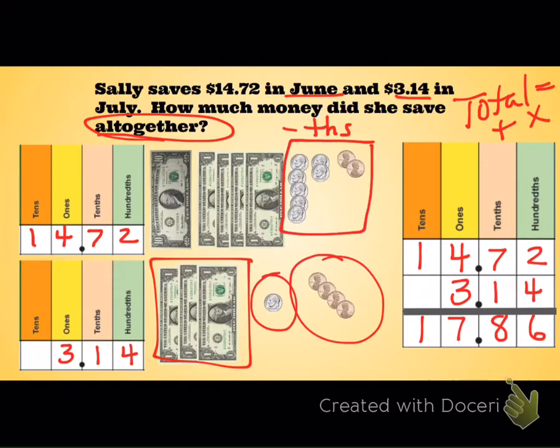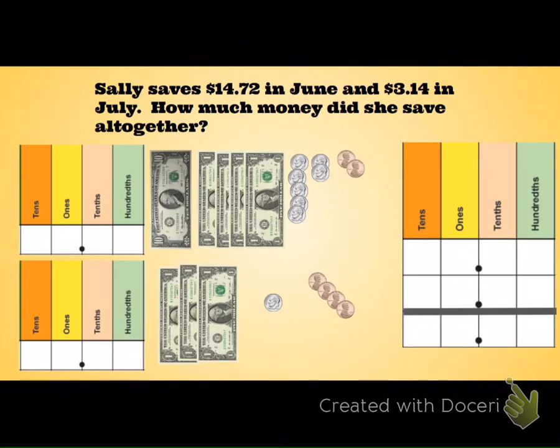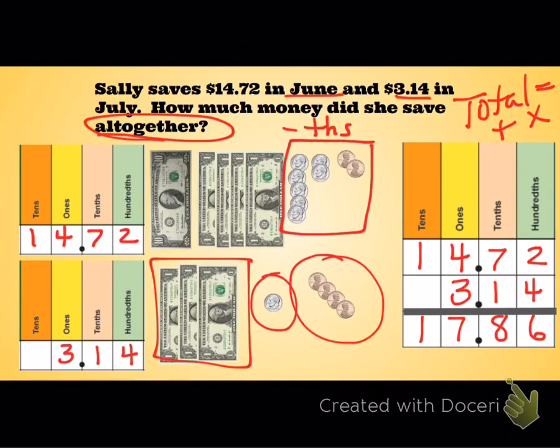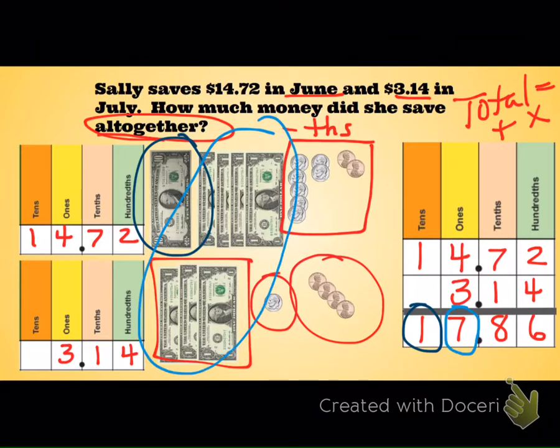So if you look at that all together, let me just use a different color. So if we have the one $10 bill, we have the 7 $1 bills, and we can see that visually there.